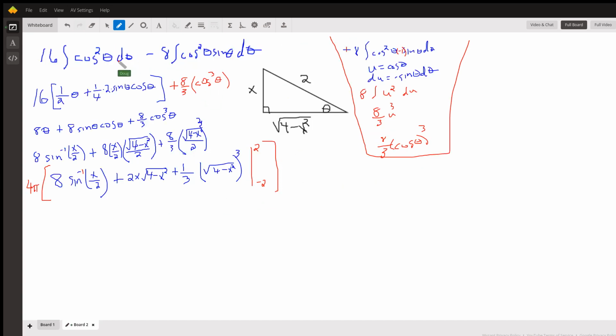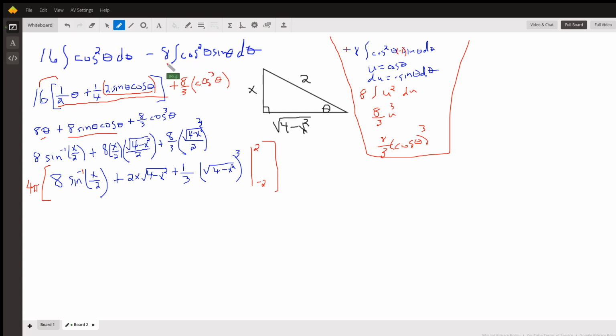Here's the antiderivative of cosine squared, where a normal table of integrals will show sine of 2 theta, but it's probably easiest to break it apart using a trigonometric identity like that. If you distribute the 16, this is what you get.